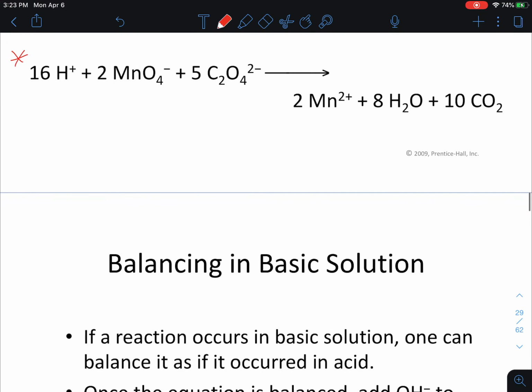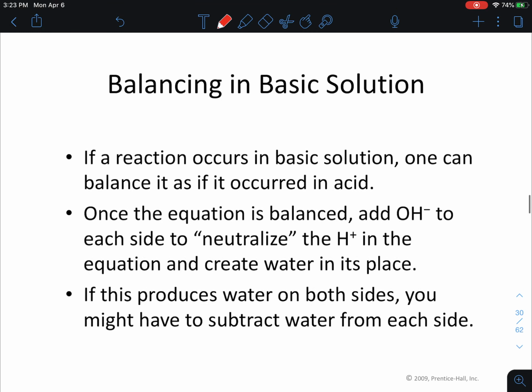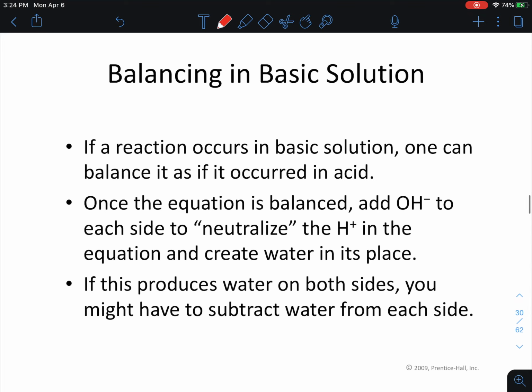All of the balancing that we've done so far has been in acidic solution, and that's usually the way we talk about doing it. But remember what I was saying earlier, that we could have acidic solution like in a car battery, but it would be a basic solution in a household battery. So we could also balance under basic conditions.